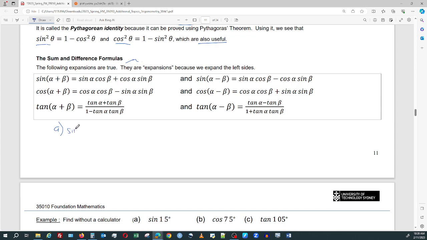Well, it needs you to do a little bit of thinking. Okay, so first of all, let's put the brackets in. We're going to make 15 up of either a sum or a difference.